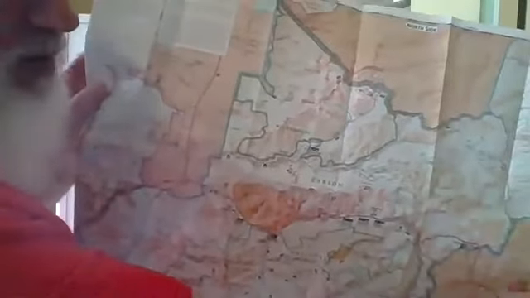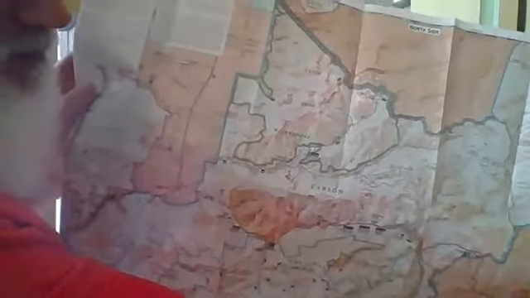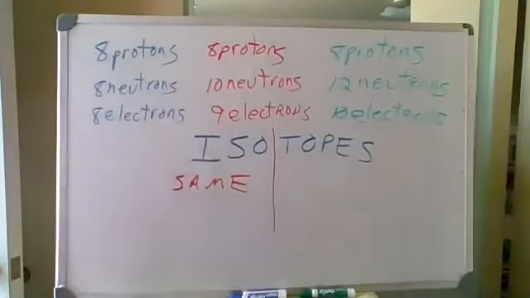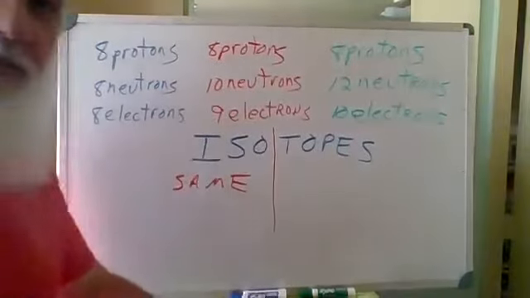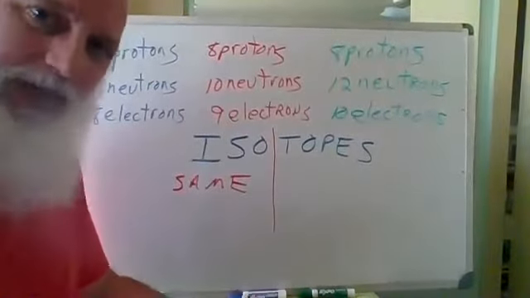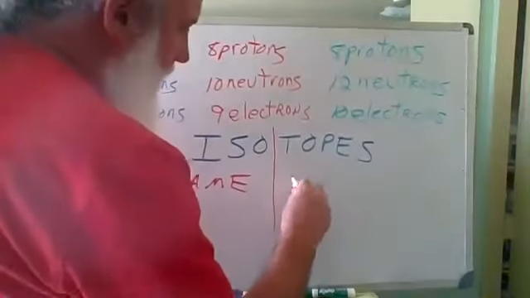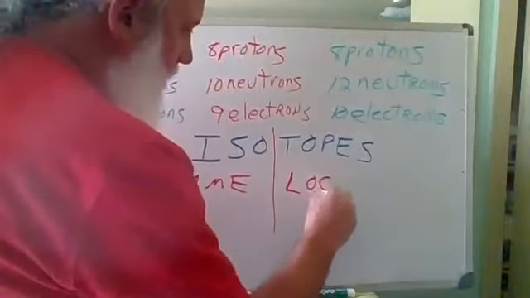What kind of map is that called? A topographic map, topo map. And the topographic map gives you your location. So top means location.